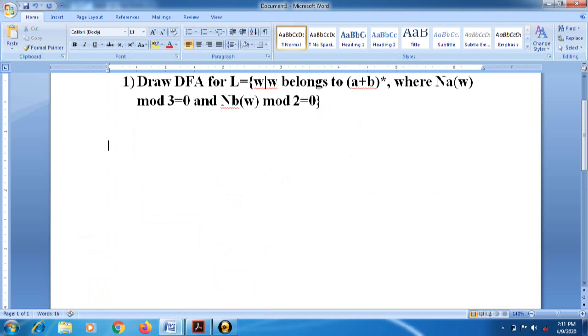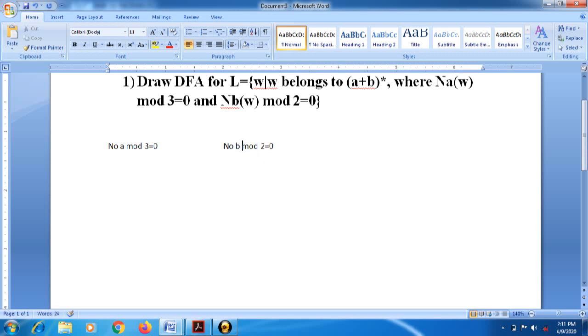So here two cases are there. First one is number of A's mod 3 is equal to 0, and second case is number of B's mod 2 is equal to 0.